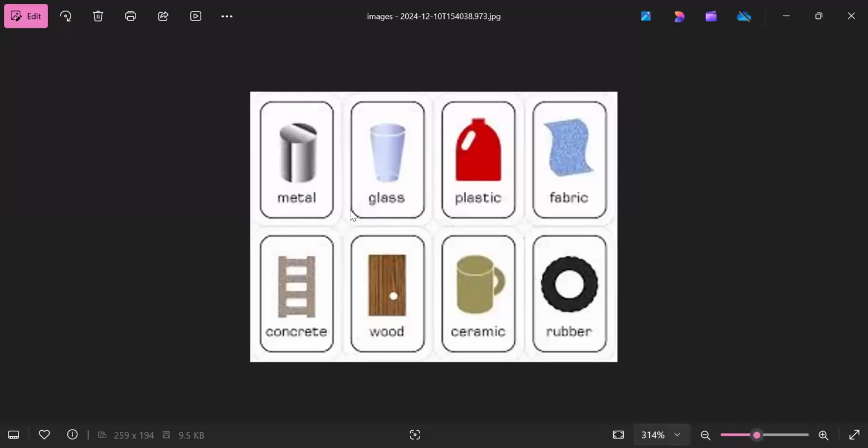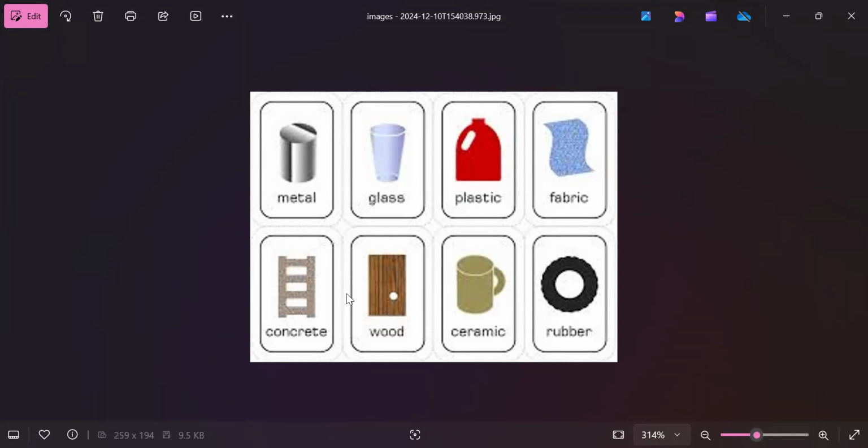So what are they? Metal material, glass material, plastic, fabric, concrete, wooden material, ceramic material, rubber materials. These are all examples of solid state materials, made of metal, glass, plastics, whatever it may be.